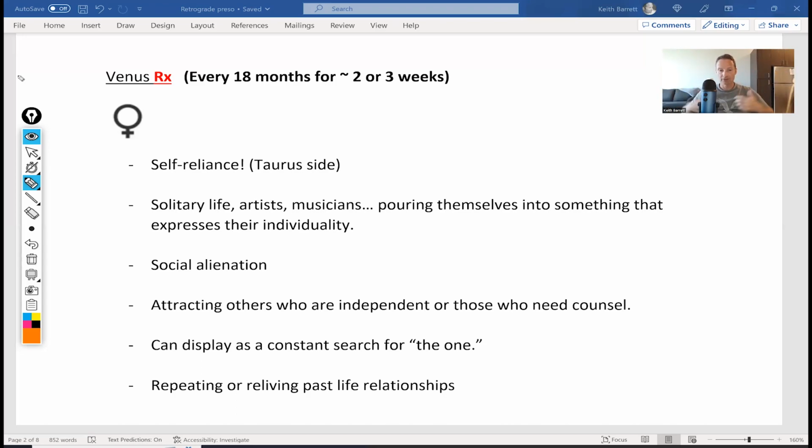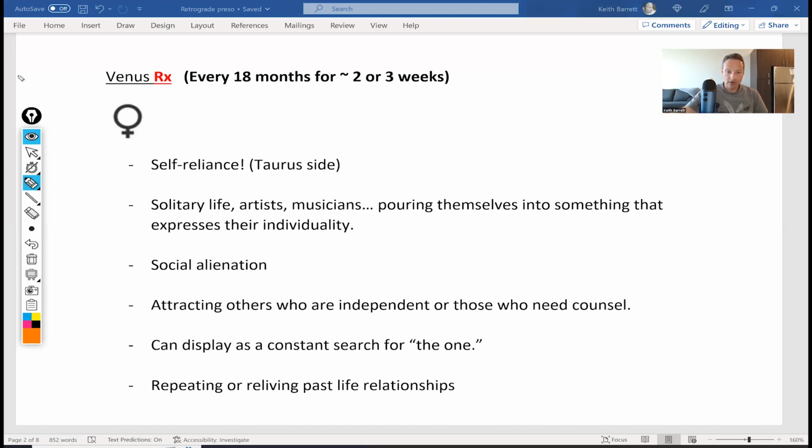There's kind of like this relationship circle, I like to see it as, right? And so Venus retrograde people may interact with people, but there's an inner world that a lot of people don't get to see, right? Or maybe one or two people, or maybe nobody gets to see the really inner workings of them or what they're feeling or what they want to express, right?